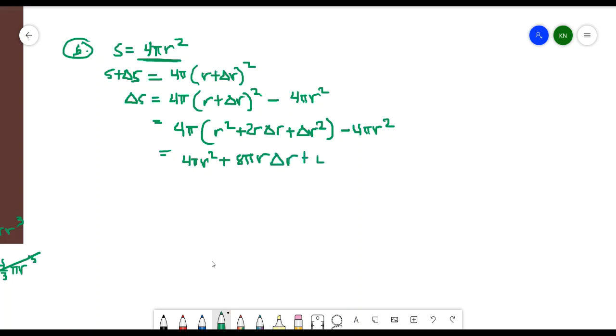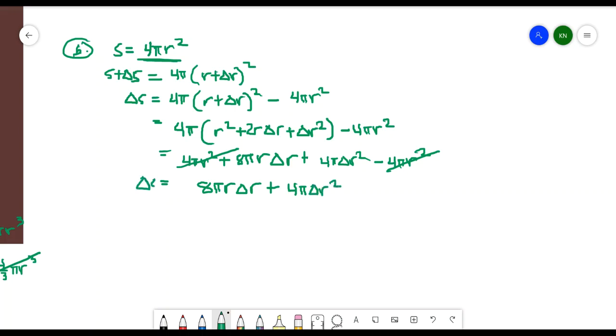plus 4 pi delta r squared. I'm sorry, minus our 4 pi r squared. Now, canceling this one since it has the same term, we have 8 pi r delta r plus 4 pi delta r squared.